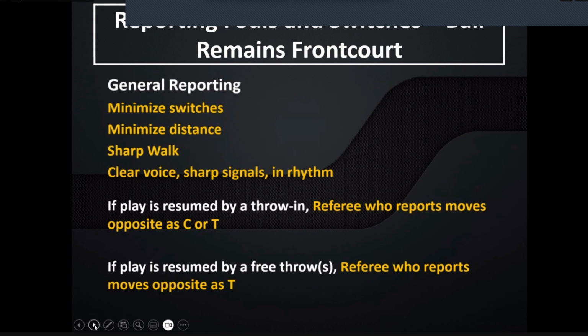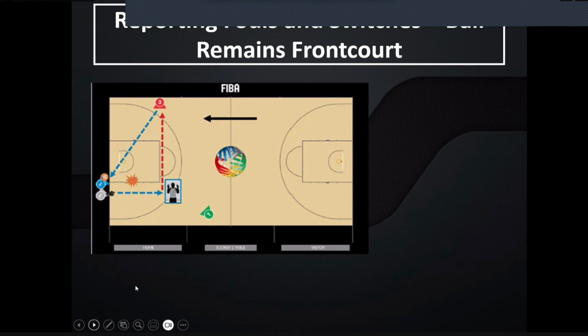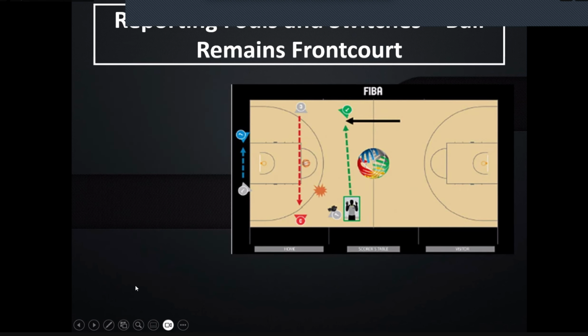Okay. And that happened in those diagrams that we saw, right? There's something like 16 cases. Go take a look at the 3-person manual because I'm not going to walk us through all 16 cases. I gave you the basics.